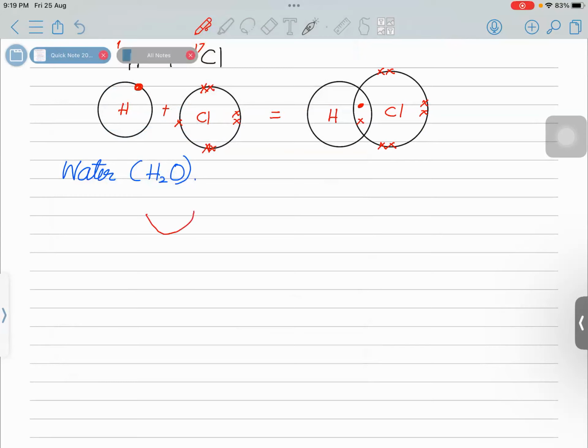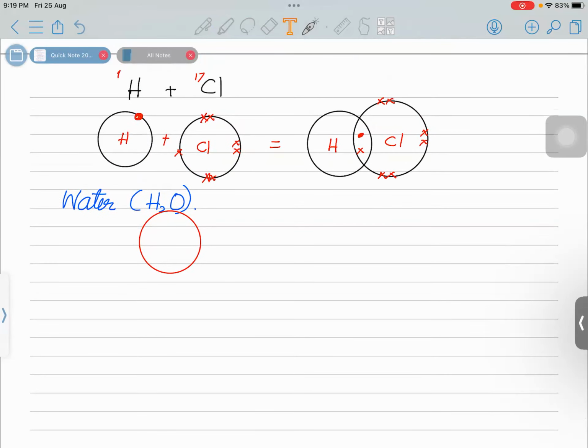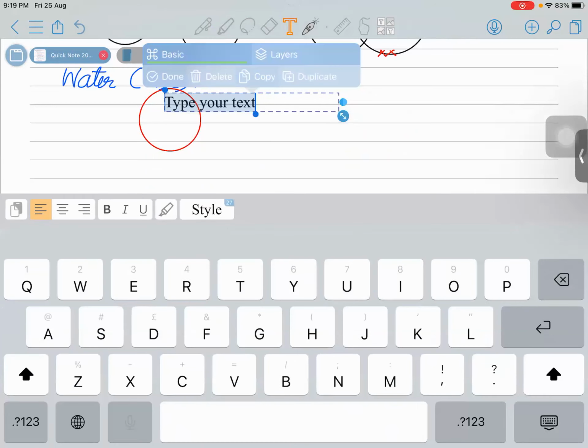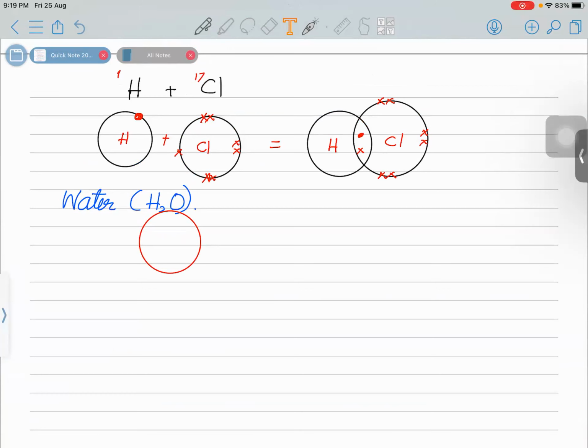Let's suppose this is oxygen, and it is bonded with hydrogen.